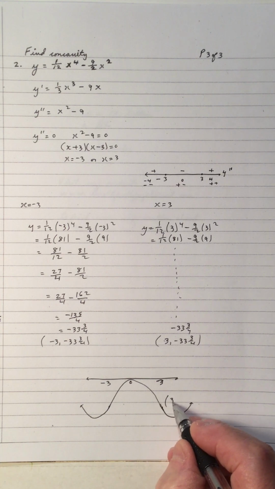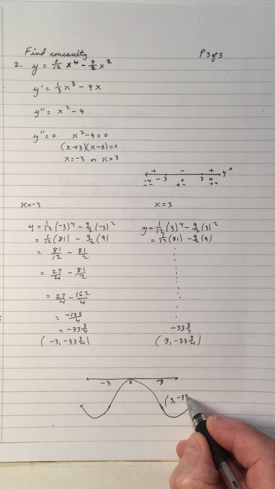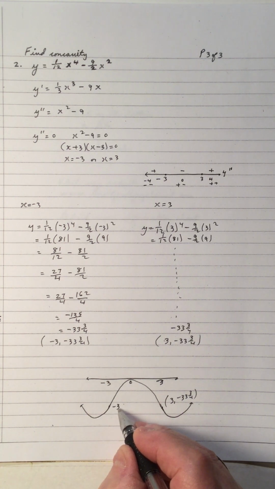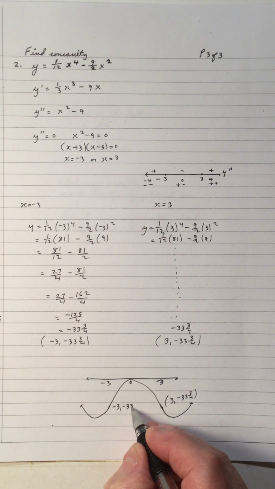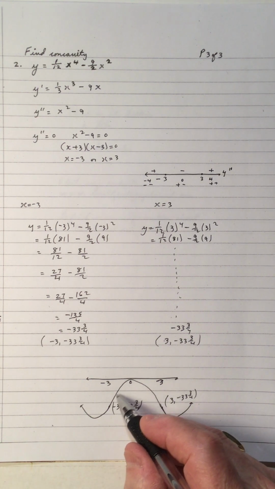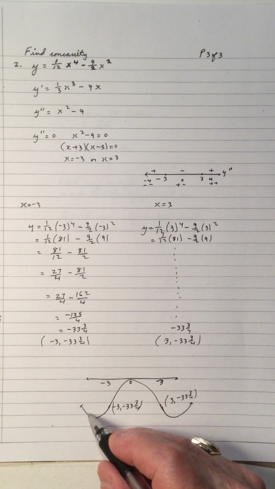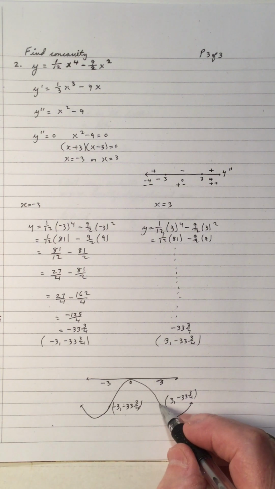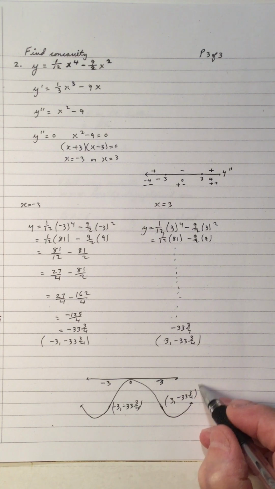So this is 3, negative 33 3/4. And this one is negative 3, negative 33 3/4. So again, it's positive at this point here because it's making a bend, and here it's doing the same thing.